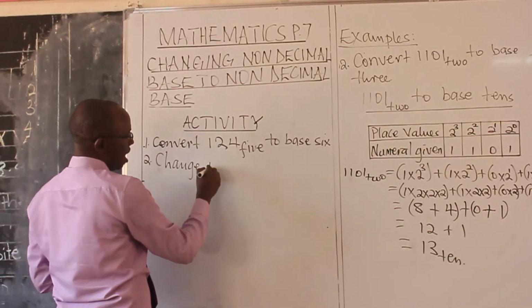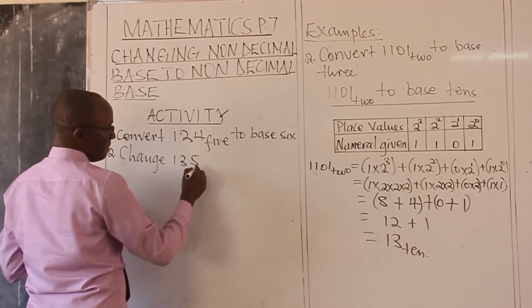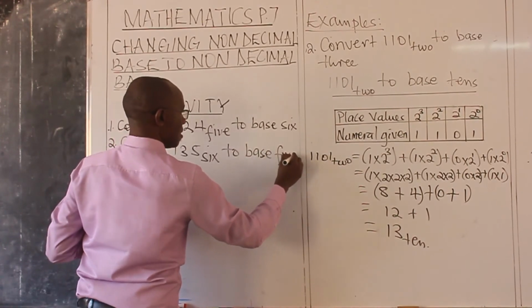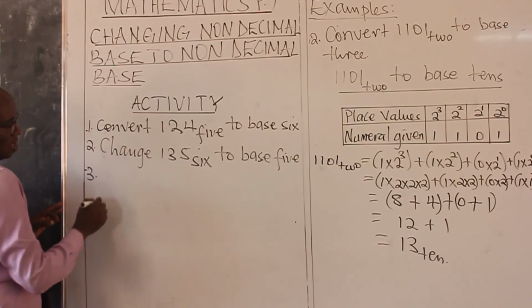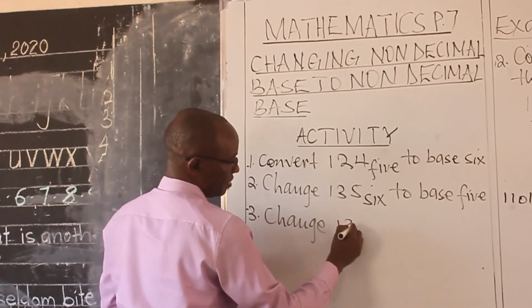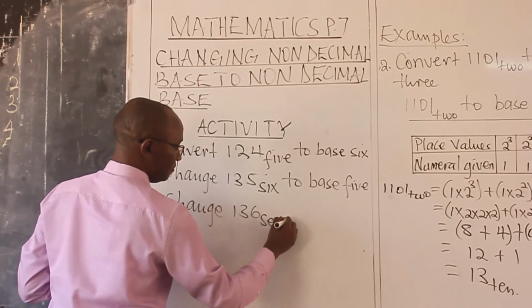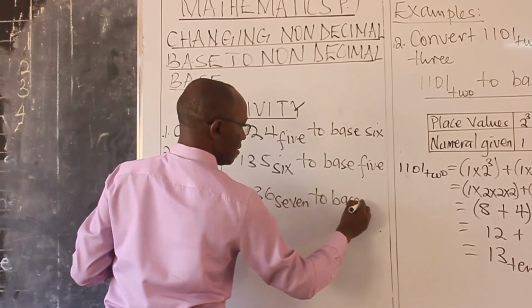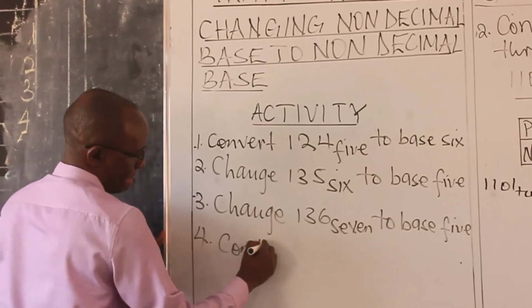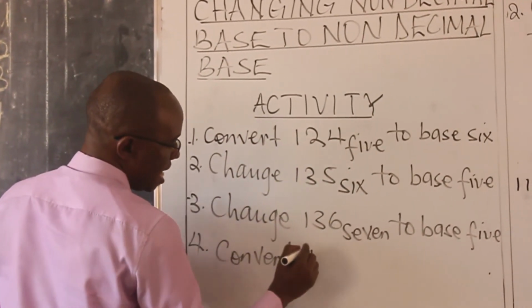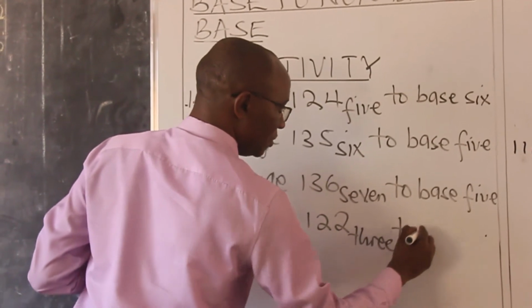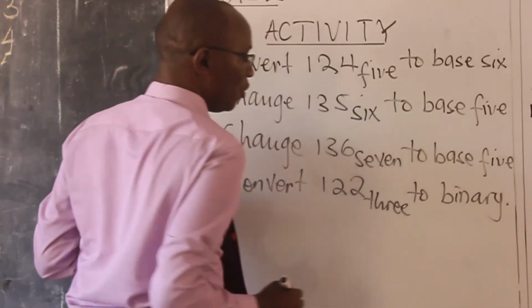That is, convert 135 base 6 to base 5. 3, change 136 base 7 to base 5. 4, convert 12 base 3 to binary. You must be knowing what binary means.